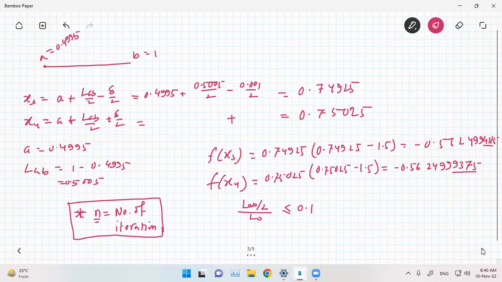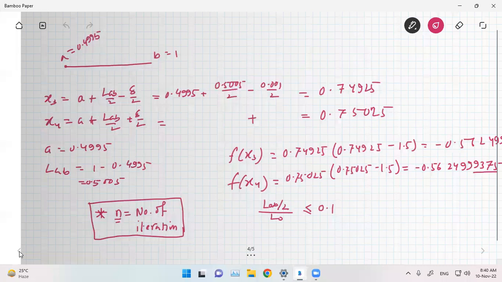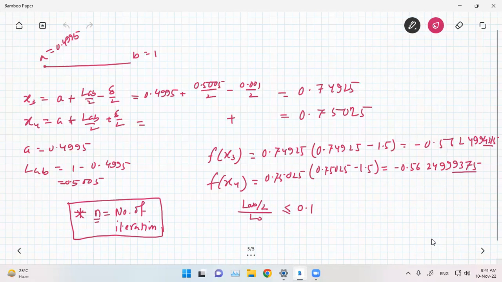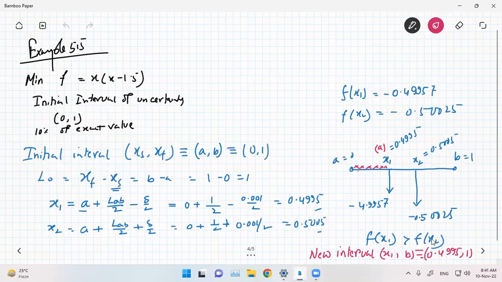In the last one also we have to figure out the interval, but we haven't checked the accuracy condition. So at the end we should add that one. Even though it belongs at the end, we are writing it here. So LAB by 2 divided by L0 is to be less than 0.1. LAB and L0 in the first case are the same, which is 1.